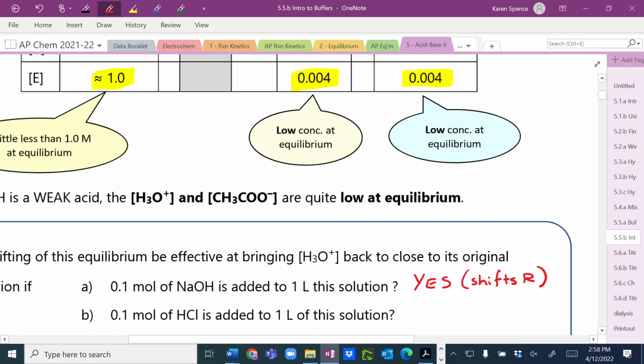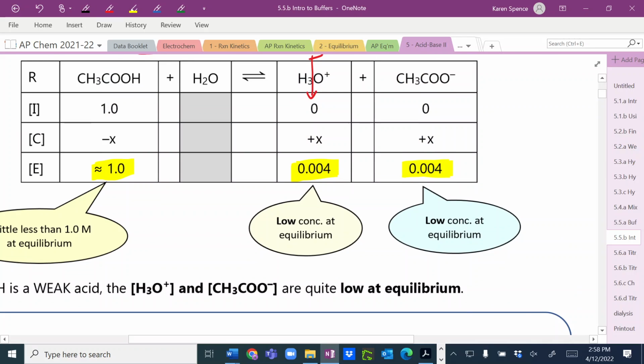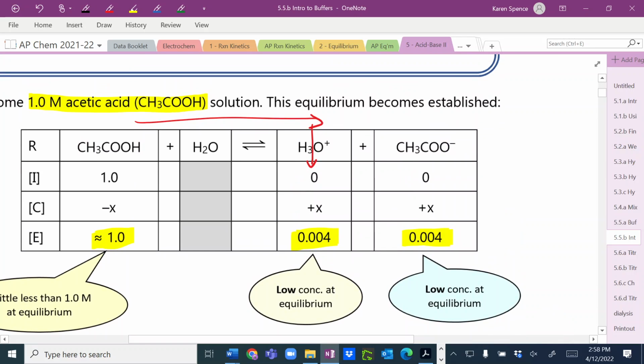How about if we add some HCl? Let's take a look at this. So now I'm adding some HCl. Which way is it going to shift? To the left. Now I want you to think about how much you have here and what's going to happen if it tries to shift to the left.